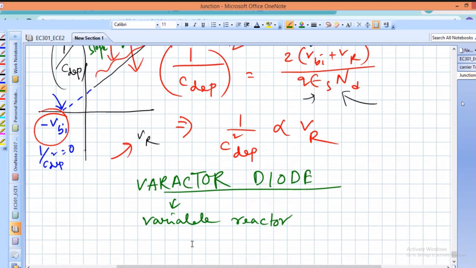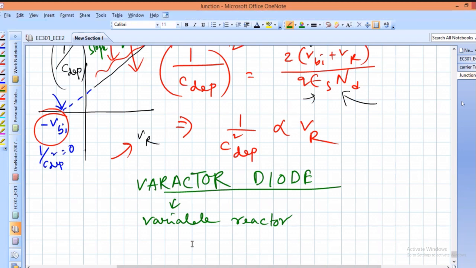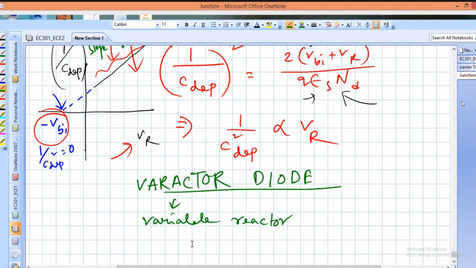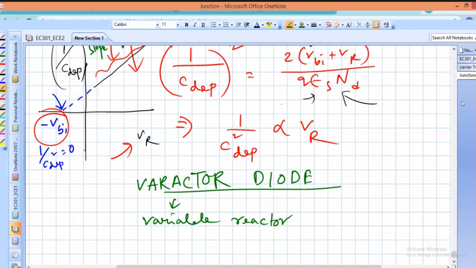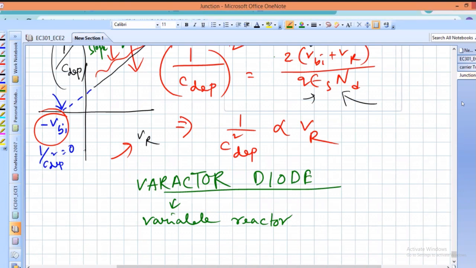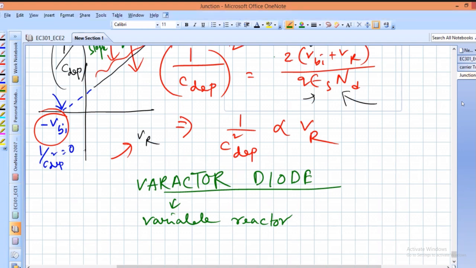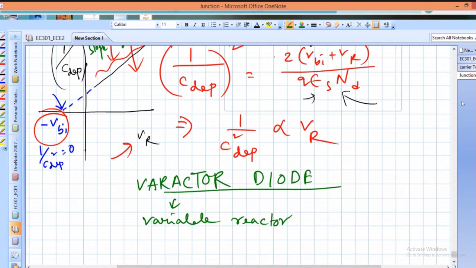By doing this, we change the capacitance. In the tuning circuit, the tuning frequency is dependent on the capacitor. So by changing the capacitance, we change the tuning frequency. You learned tank circuit in your circuit theory, so I think there is no need to mention how it can be varied. It is a common example which you observe.